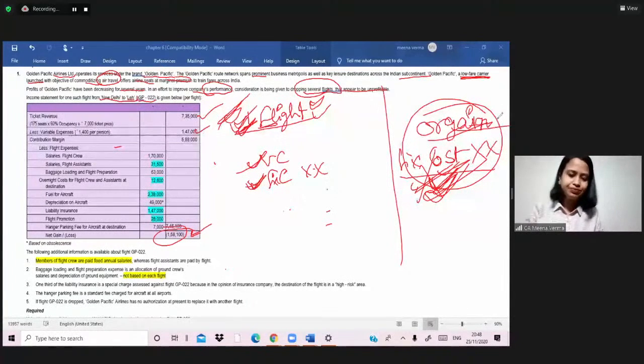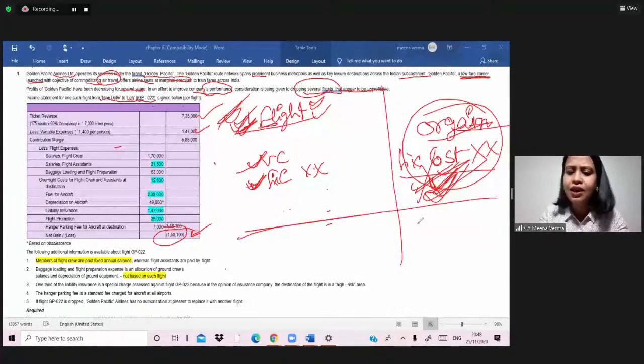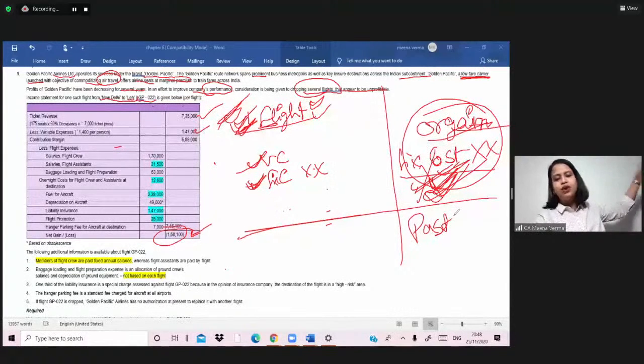Now, one more thing. There are some costs related to the entire organization which you don't need to consider. One more cost: any past cost, any cost related to the past, which you have already incurred. You cannot save money from that. I have already paid money, availed the services or purchased the product.